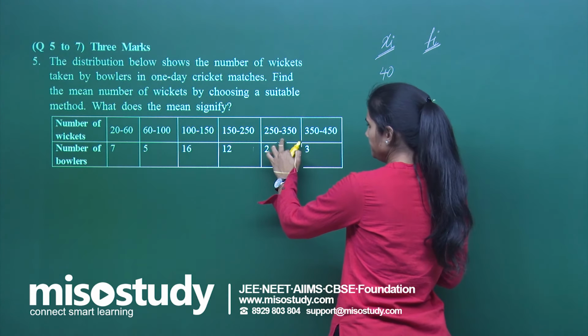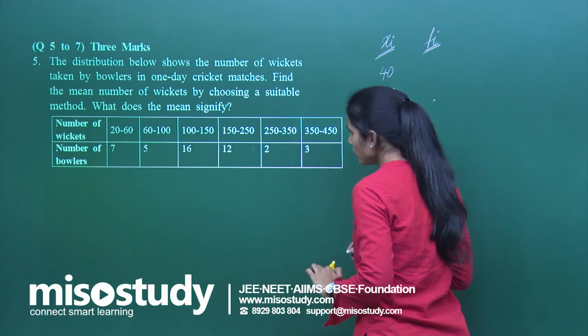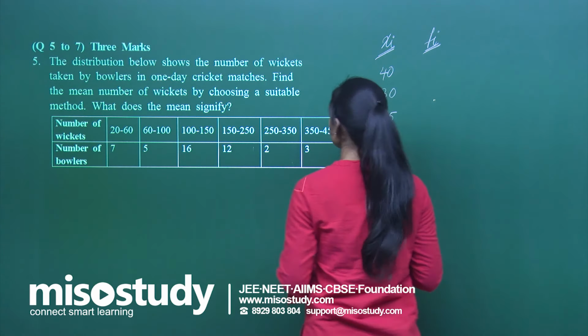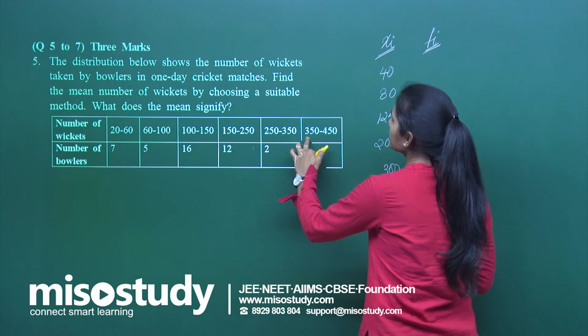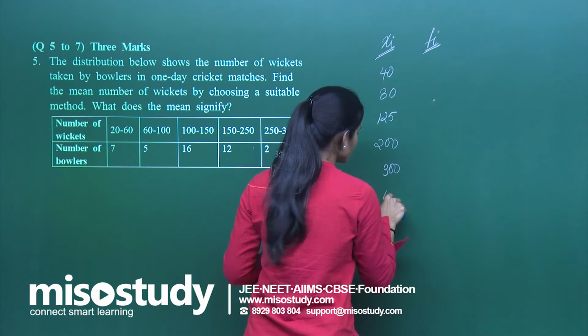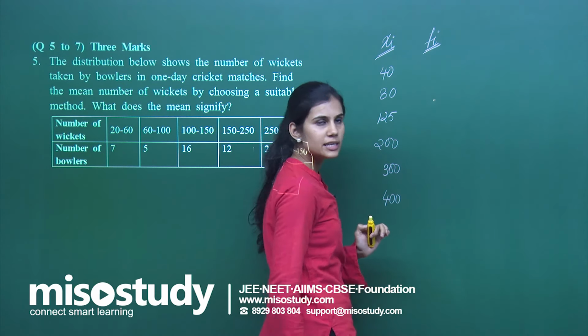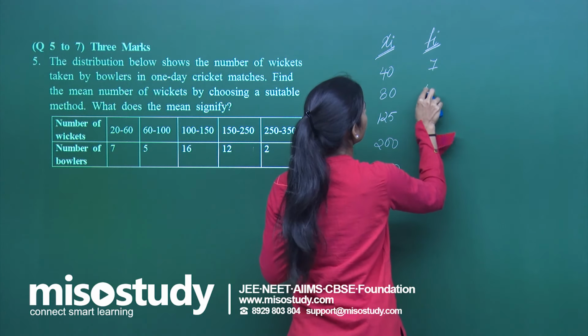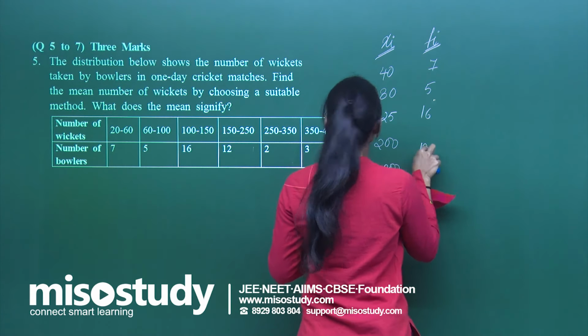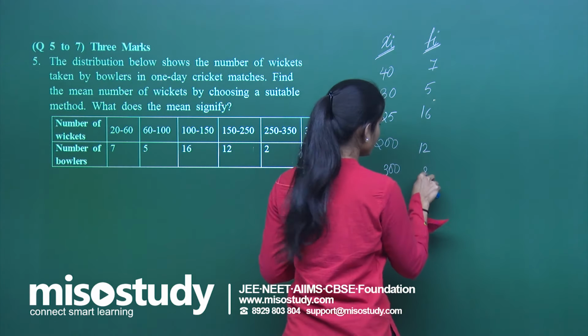Then it is 200 plus 300 is 500, plus 100 is 600, upon 2 is 300. And here it is 400 plus 300 is 700, plus 100 is 800, upon 2 is 400. So these are your xi's. Corresponding fi's are 7, 5, 16, 12, 2 and 3.